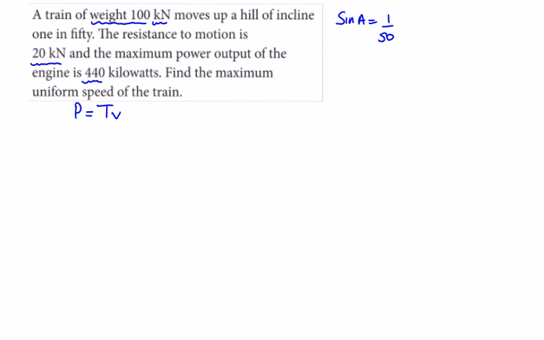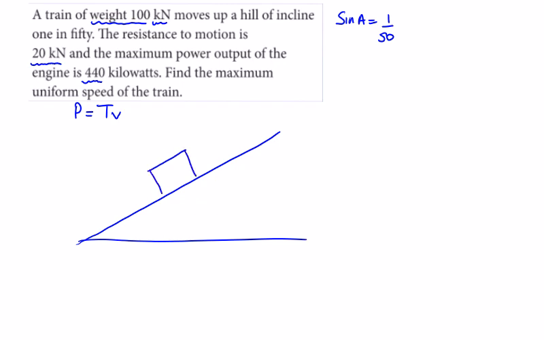So where can we start with this? Okay, let's always start with a diagram. Here's my train. It's going up a hill where the angle is, the sine of it is 1 over 50. We have our normal reaction. We have resistance to motion. Now there's no acceleration here. It's going at constant speed, so the forces have to match.